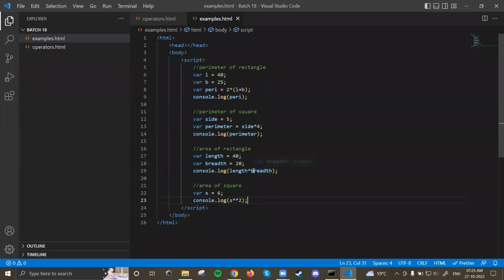Then, now we'll see some small examples. That is, we will use expressions for checking some numbers. So let's say, how do you find whether a number is divisible by 5 or not?